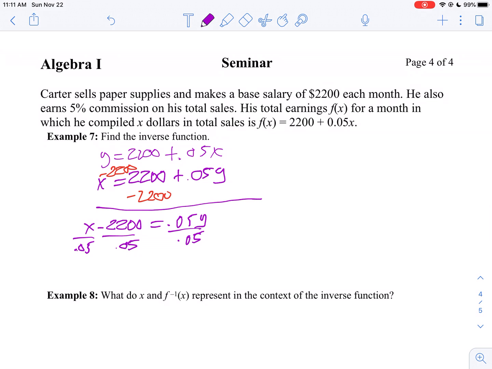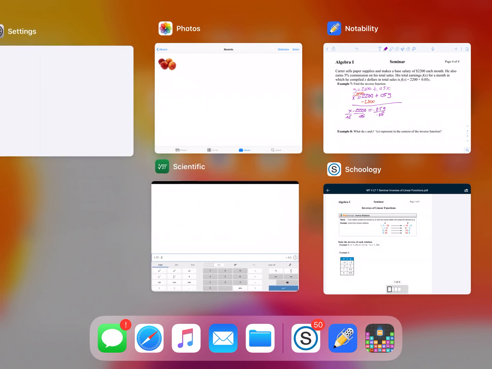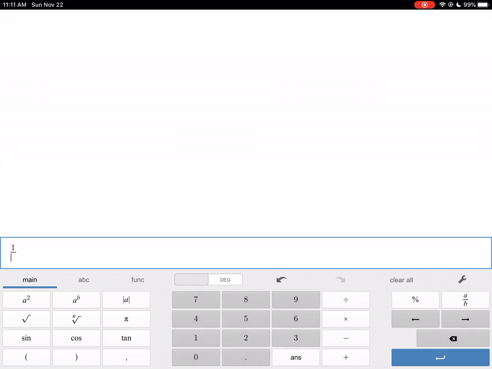Now let's actually do this. 1 divided by 0.05 is 20.